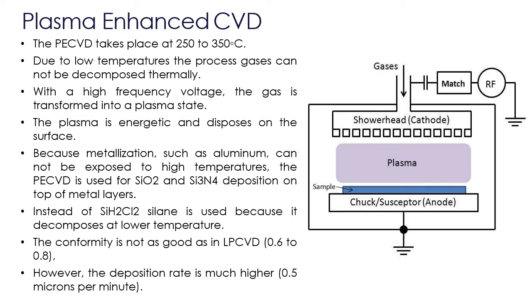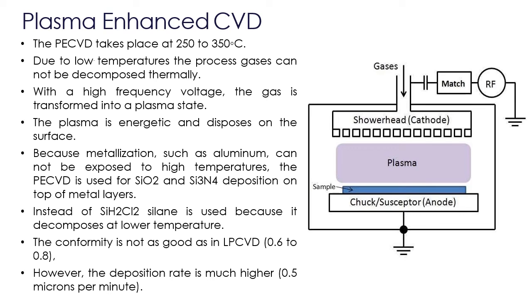That's why radio frequency voltage is supplied so that the gas transforms into a plasma state. If you remember the etching topic previously, the same method is used where the gases are transformed into plasma.